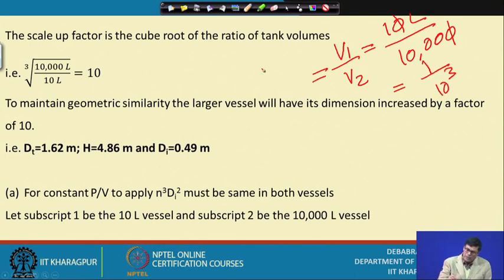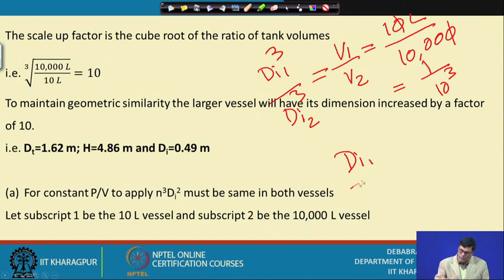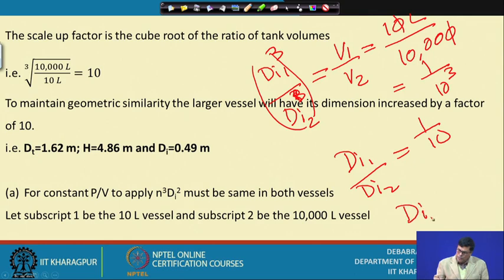This is equal to D1 cubed by D2 cubed. Am I right? Now I can write D1 by D2 will be 1 by 10, because this is to the power 3 on both sides, if we remove it, and then D2 is equal to D1 into 10, 10 times. So we can easily find out the diameter of the vessel.